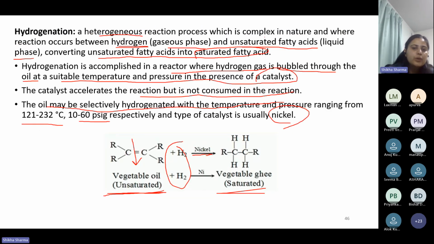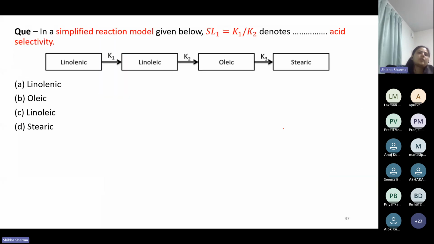Is this question clear to all of you? Yes, ma'am. Thank you. The next question is about hydrogenation only. There is a simplified reaction model like this, where linolenic acid, linoleic acid, oleic acid, and stearic acid are there.